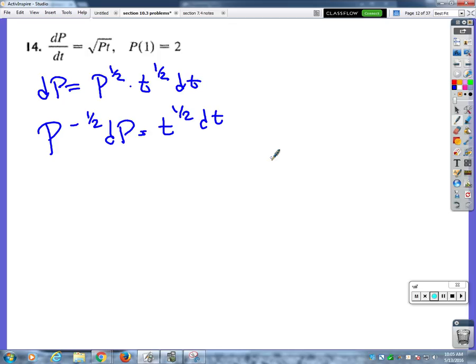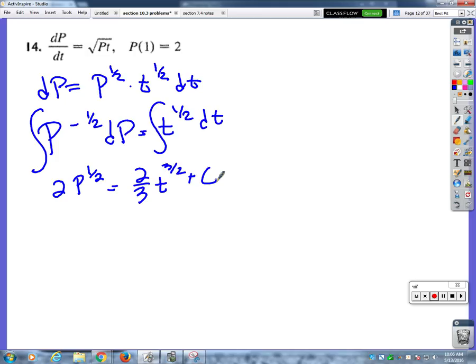Then I take the antiderivative. So the antiderivative of this is 2p to the 1/2, which equals 2/3 t to the 3/2 plus c.